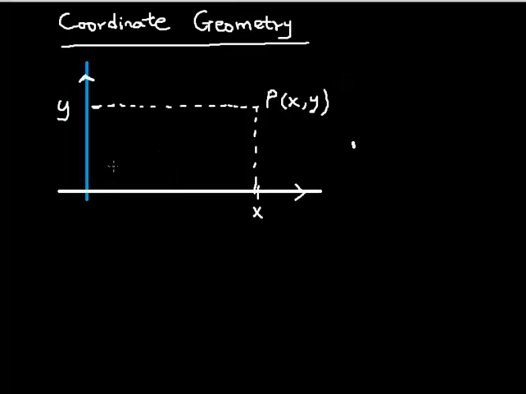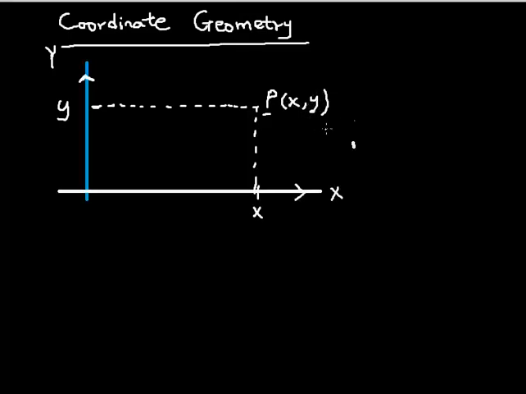This is an illustration. Here I have the vertical axis, the y axis, and the horizontal axis, the x axis. At each point in this rectangular coordinate system, I can represent a point using an ordered pair of numbers, such that the point P is represented by an x coordinate and a y coordinate.